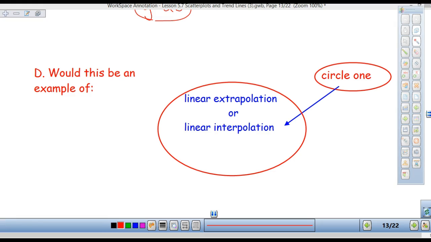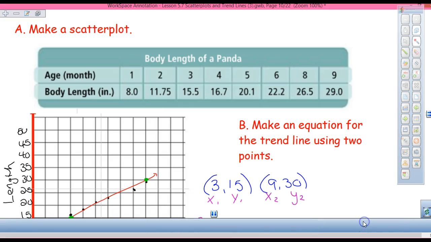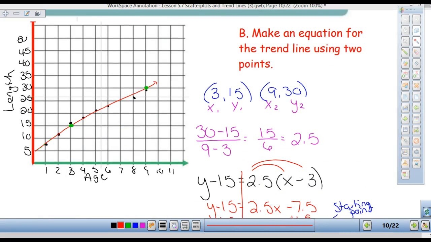This is interpolation because if you look at our graph, 7 is inside my set of data. It's in the inner part of my set of data, so it's interpolation.